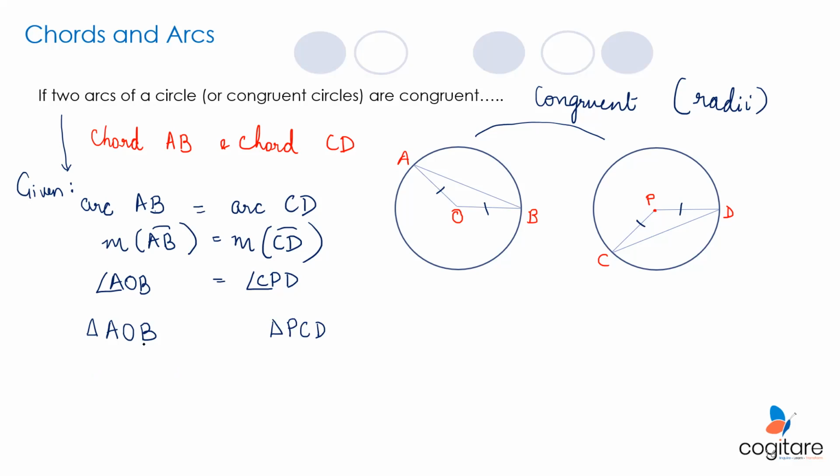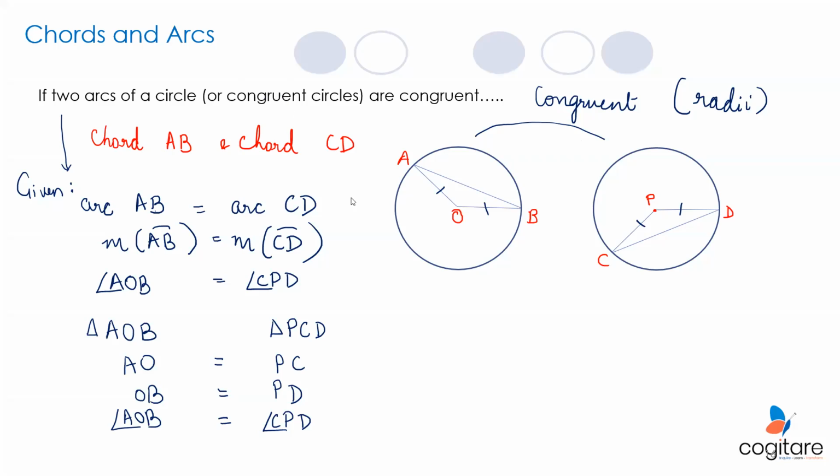Here, AO is equal to PC, OB is equal to PD, and angle AOB is equal to angle CPD. So by the SAS postulate, these two triangles are going to be congruent.